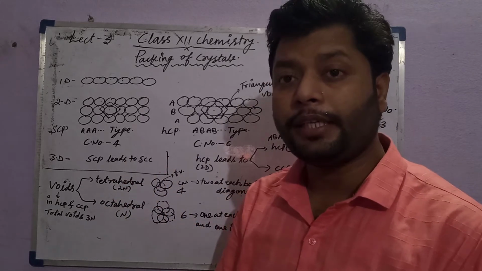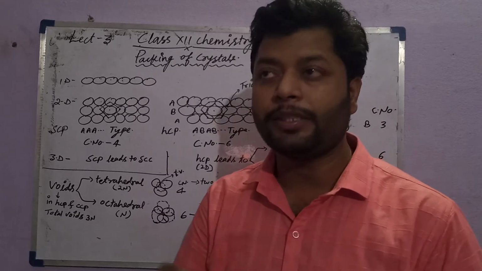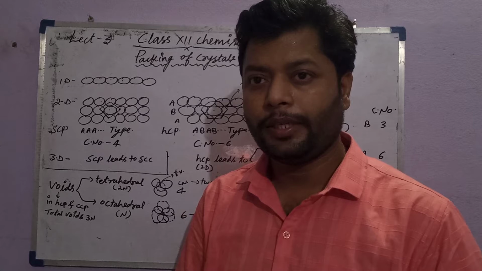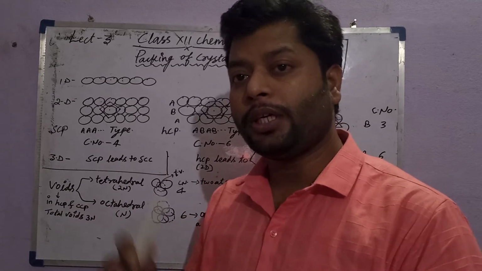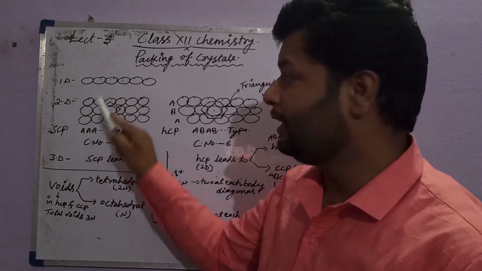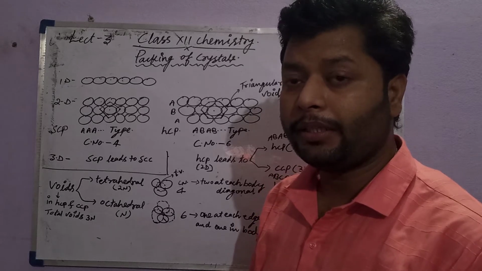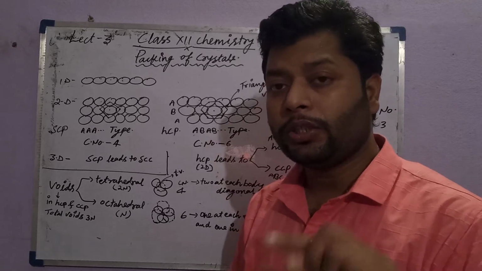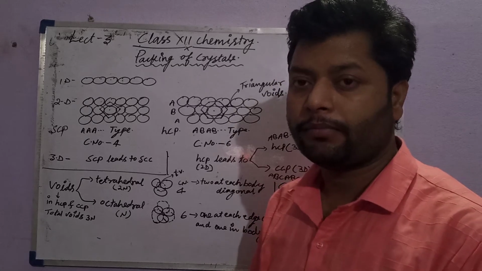This is imaginary, showing how the formation of the cubic, three-dimensional structure leads out, because when you start from 1D, then 2D, it leads to 3D. So in one dimensional, the center particle is attached with two different particles.